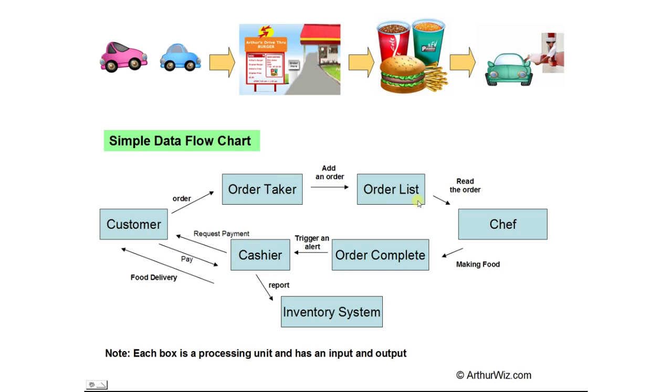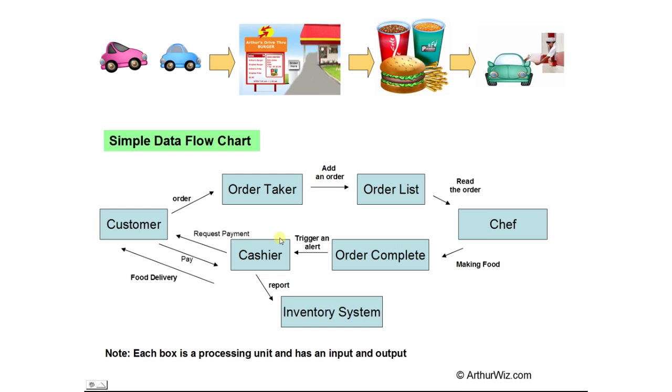And the chef will be reading the order from this order list. And then the output product will be making the food. And this action causes this order to be complete.